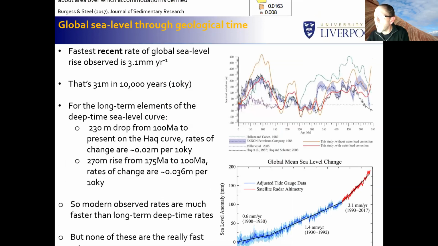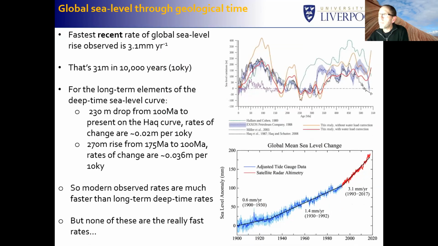Okay, so just one final point about this curve then. The fastest recent rate of global sea level rise is this 3.1 millimeters per year. Okay, so that's 31 meters in 10,000 years. And that's quite a bit faster, I think, than the long-term rates of change that we observe through geological time from some of these previous sea level curves.